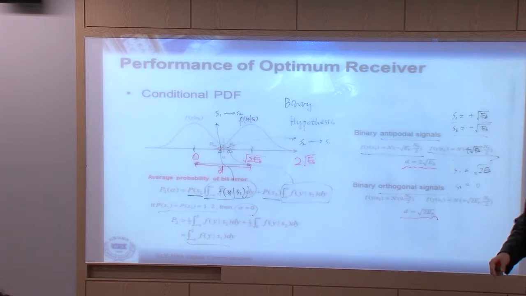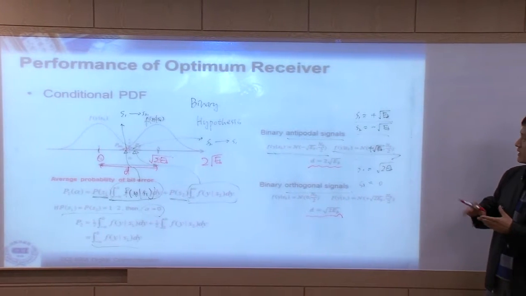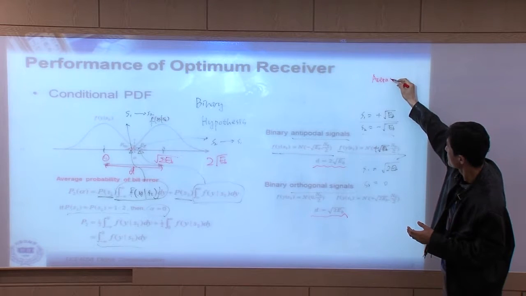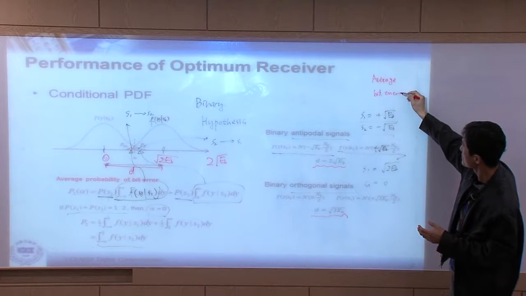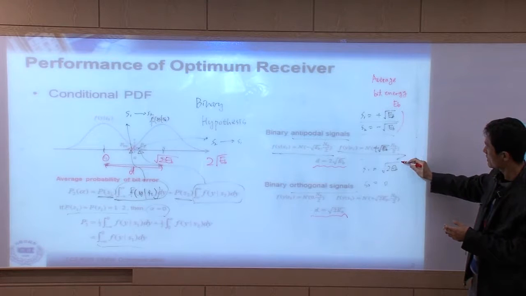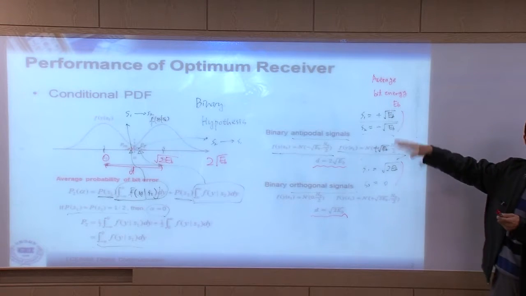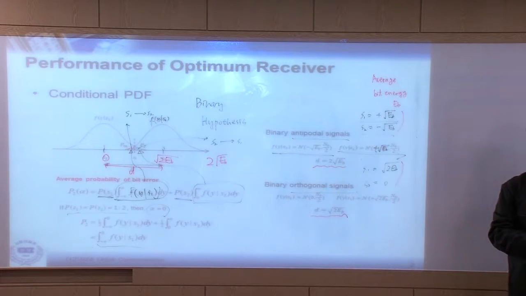And in these two cases, my assumption, in order to make a fair comparison, my assumption is that average bit energy was EB. That's why I select this way, right? My average bit energy is EB for both of them. So I make it same, right? In that way, we make a fair comparison.